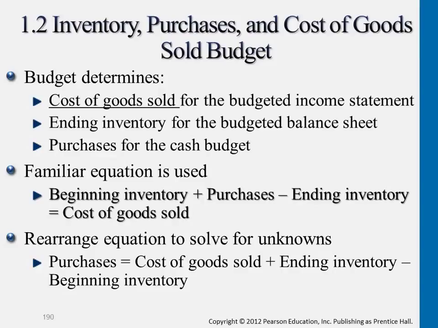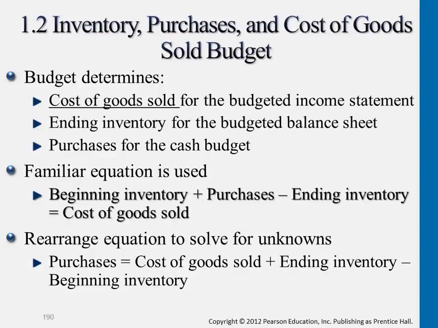After selling a portion of the product and turning it into cost of goods sold, you may have a lower level of ending inventory, and then you need to do budgets for next season. What is the potential number of products that you need to purchase, which goes into the purchases account? So this area of the budget, literally by its name, determines all three numbers: inventory, purchases value, cost of goods sold.